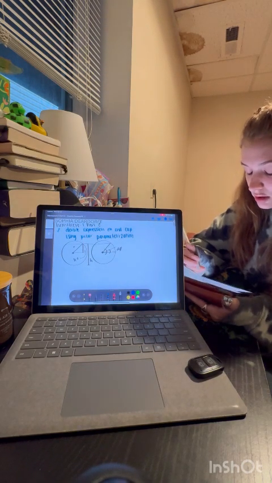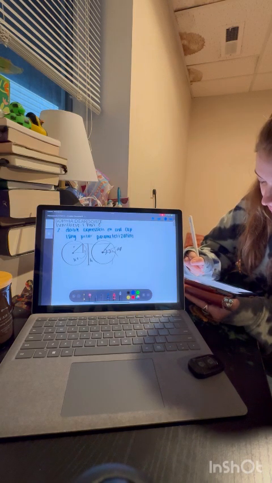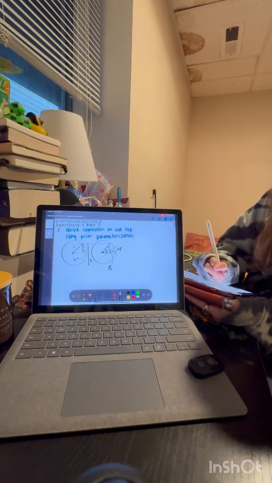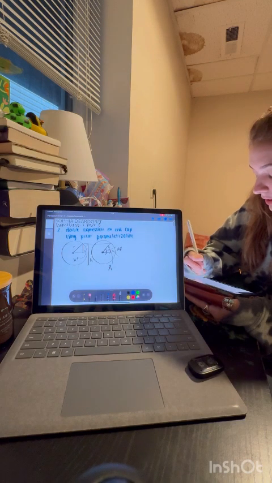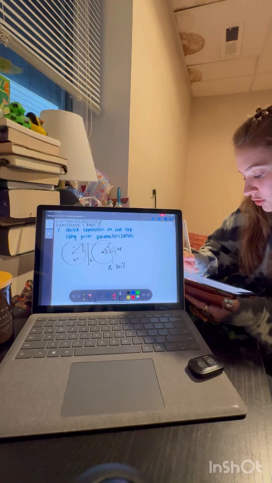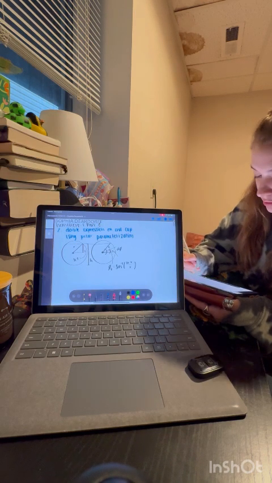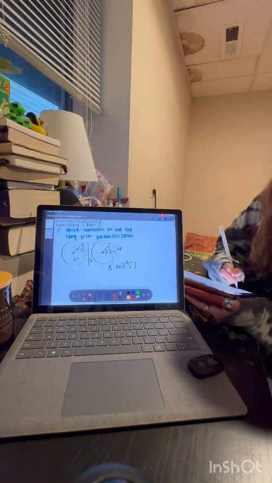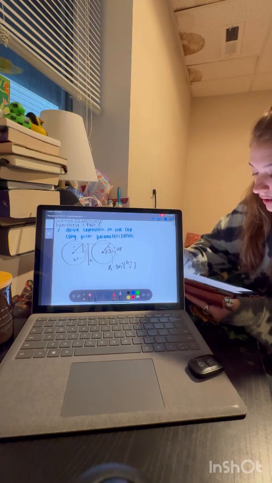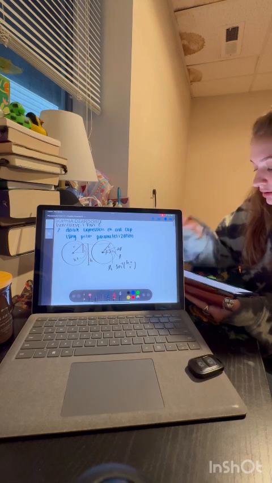So this one is going to be our theta naught, because that was our initial one that I drew, and that is going to end up equaling inverse sine of h minus r over r, because of trig principles, opposite over hypotenuse. And then this one is just going to be theta.